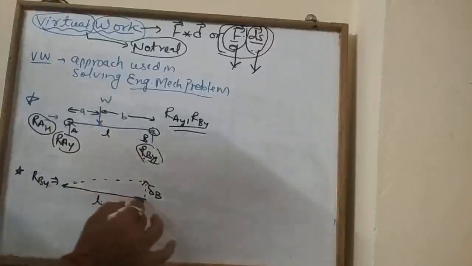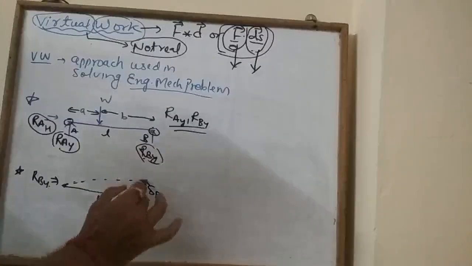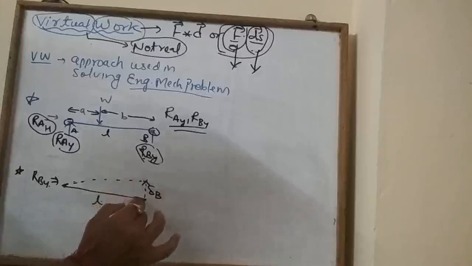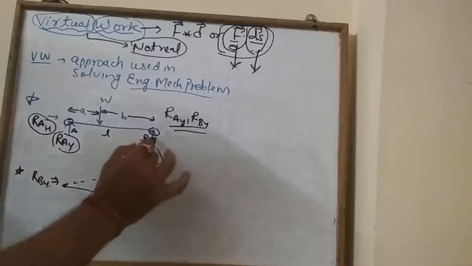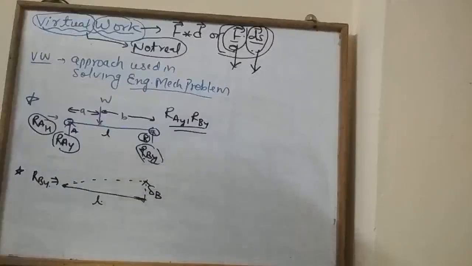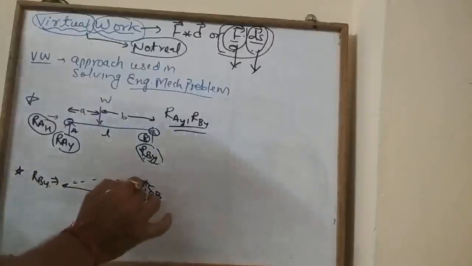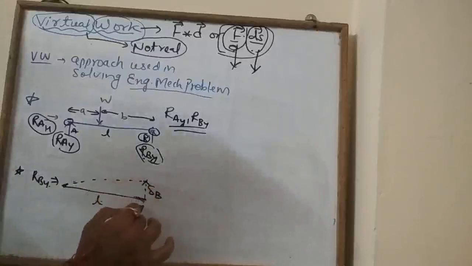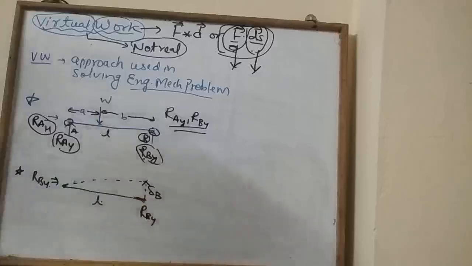So the first step is we should displace the point of application. This is the point of application located at B. Now this point of application is displaced by delta B under the application of reaction force RBY.